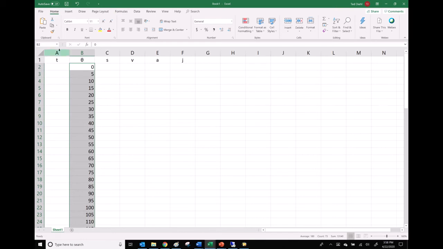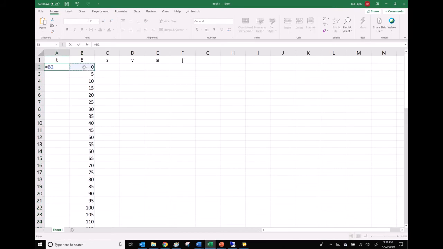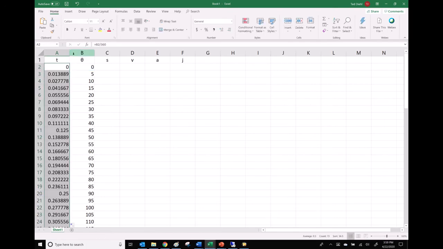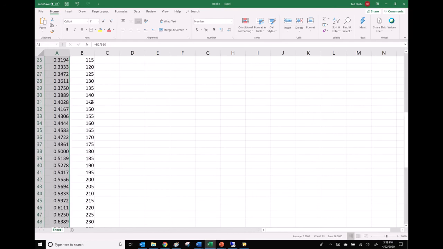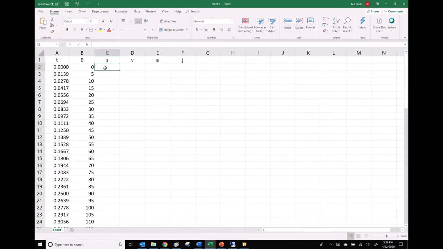And why are we doing that? I don't know. So we're going to equal B2 divided by 360. So I guess what we're saying right here is we're getting a time, or a virtual time, really, and it's like if we were going to have 1 revolution per second. I guess that's what that is.